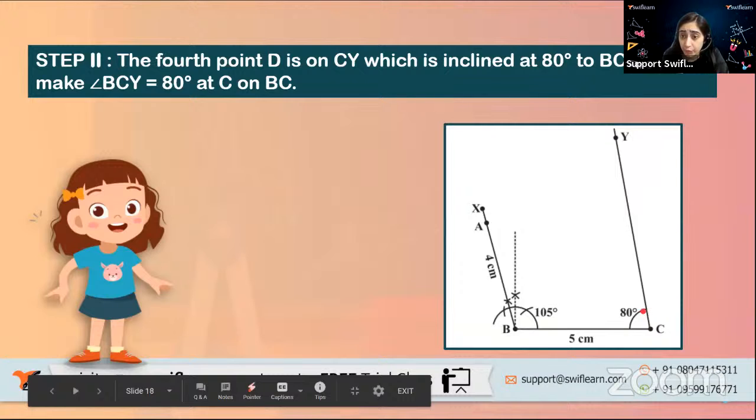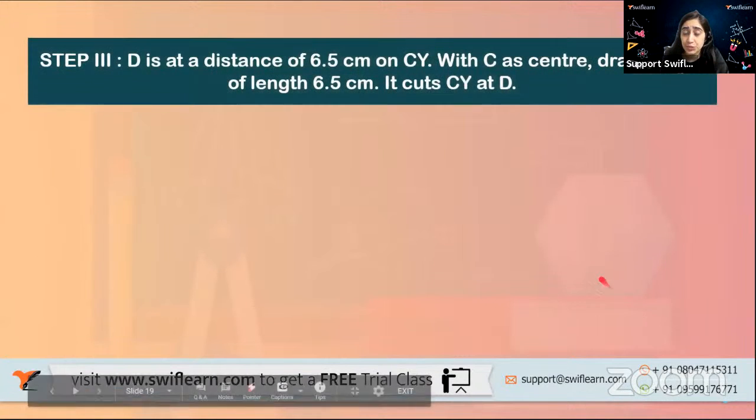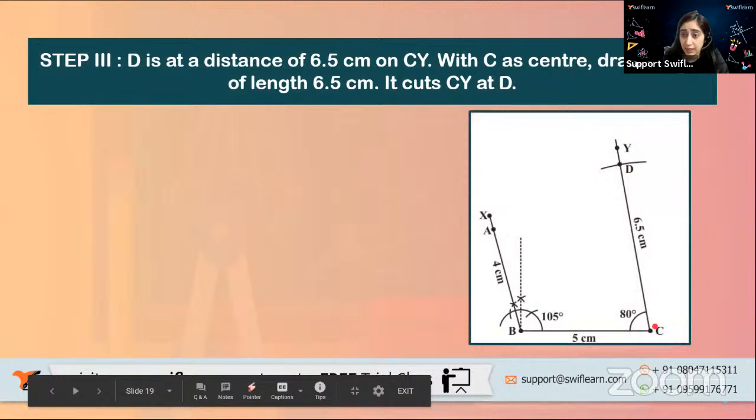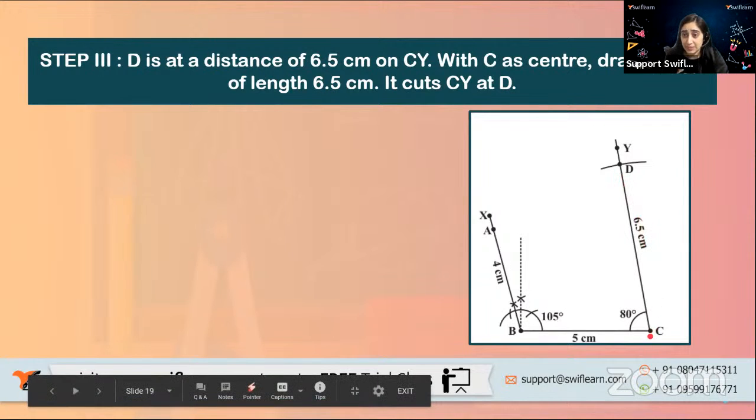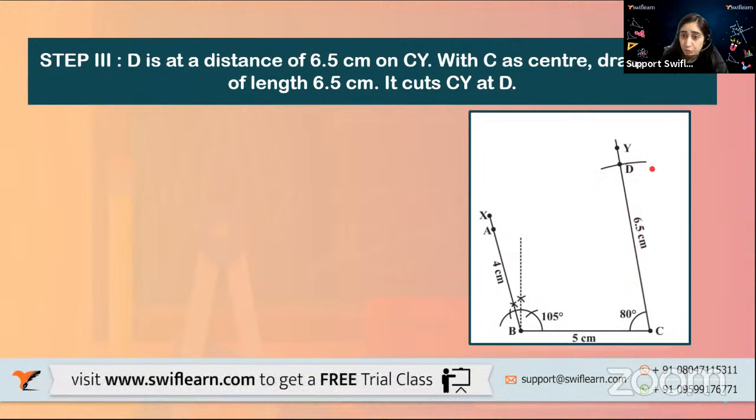Now I know that the distance from the point C to D is 6.5 centimeter. So for this, I will use my compass again, put C as a center, and make an arc of distance 6.5 centimeter. So the point of intersection would be the point D.